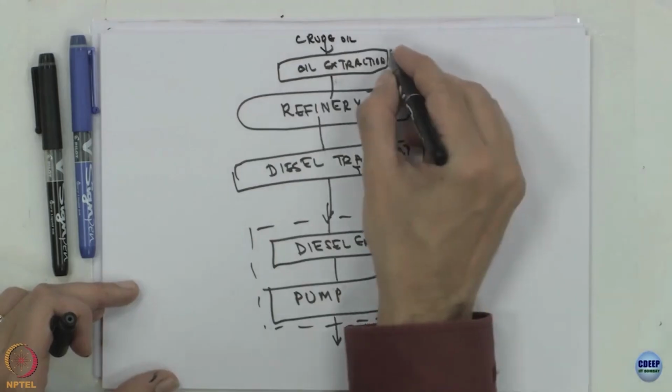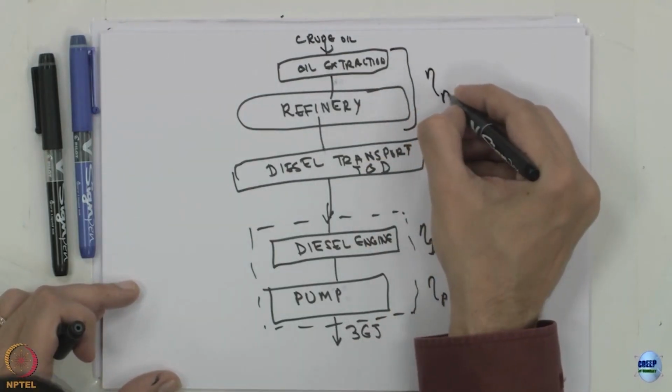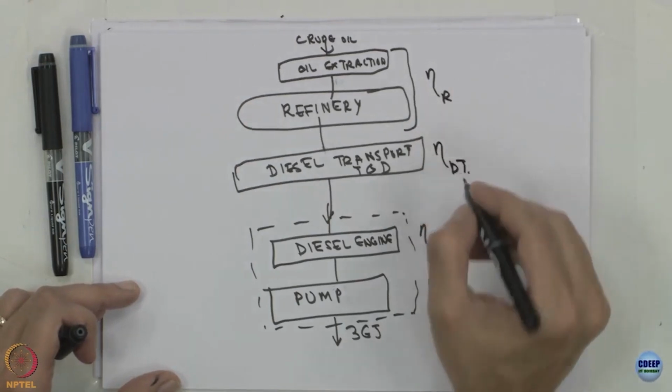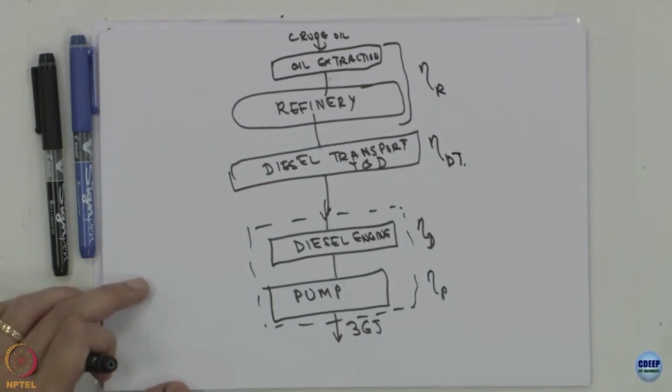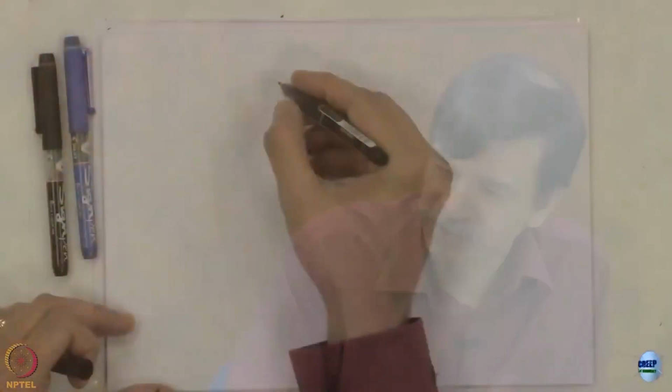We have taken this together as one term with eta r as the efficiency, and diesel transport is eta dt. So in the same thing which we've drawn, crude oil, we have merged the oil extraction and the refinery into eta r, diesel transport eta dt, diesel to the farmer, diesel engine, and then the pump.